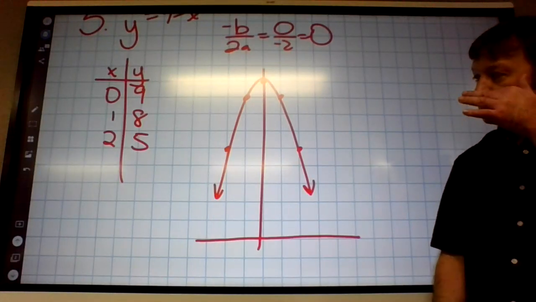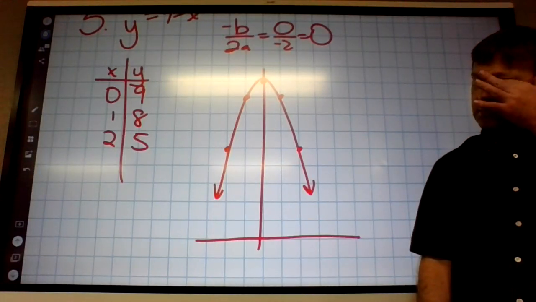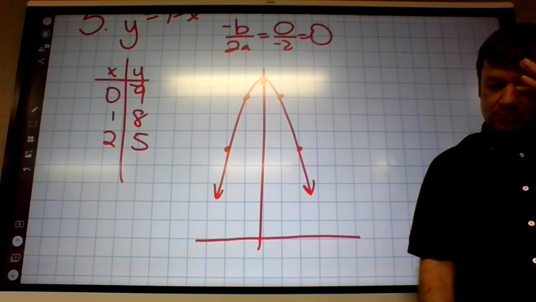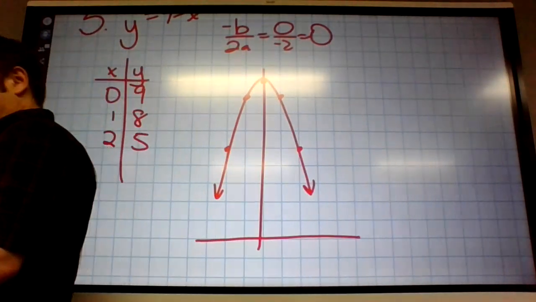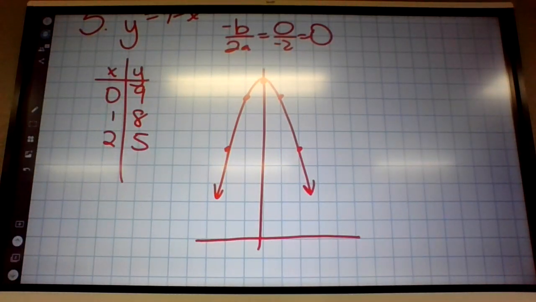Whoa, that's really high. It's like skyscraper high.